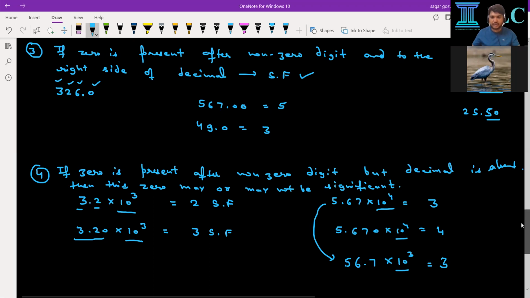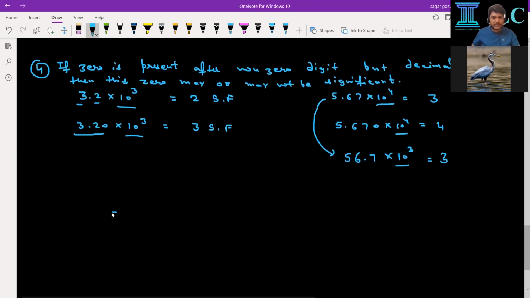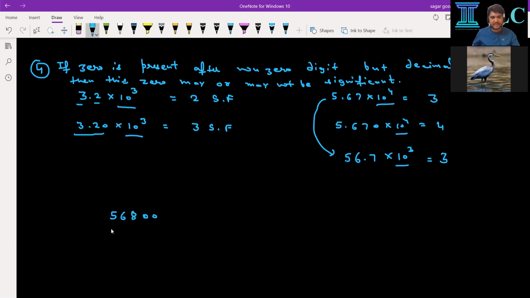Suppose I am writing a value like this, 56800. How many significant figures does it have? Five, right? Because I have written it in such a way. But suppose I write it as 5.68 into 10 raised to power 4.